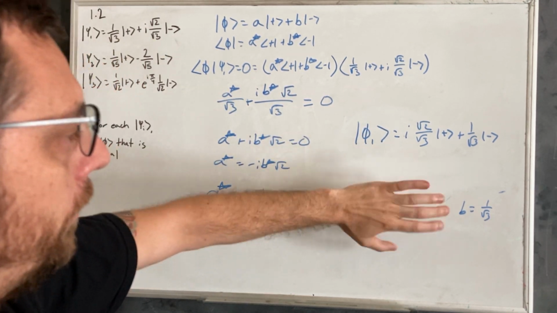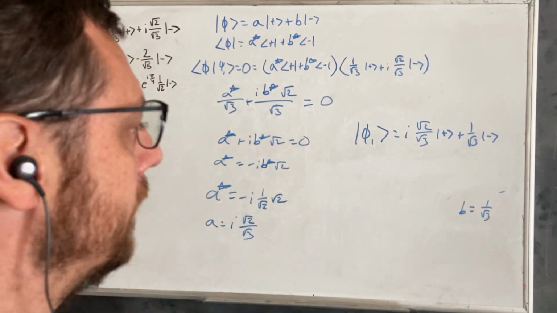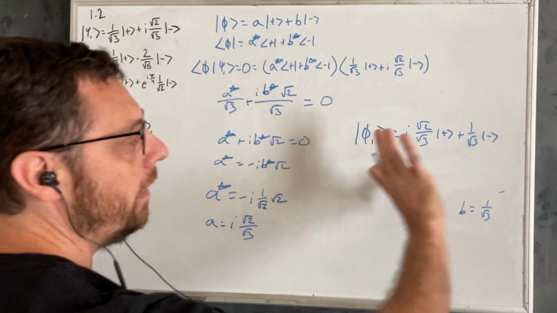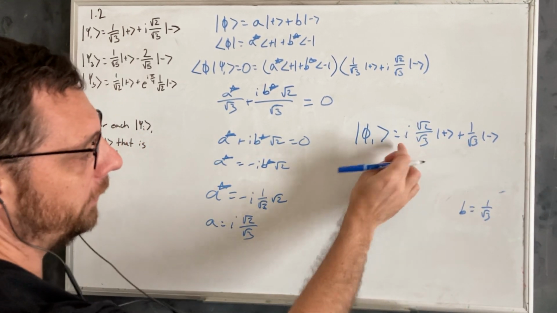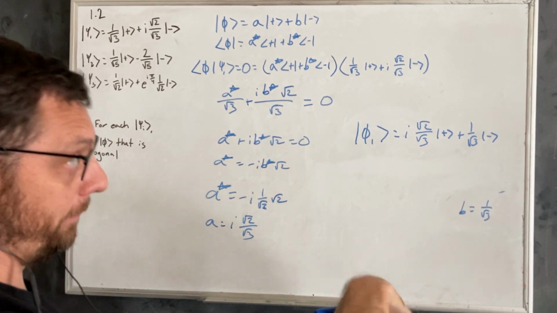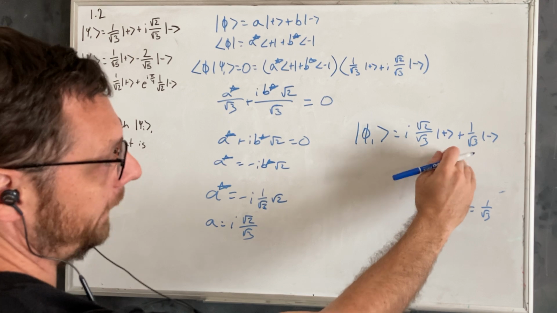It's pretty typical though to keep our first term real and positive. And we have this I here. So what we can do is just multiply both terms by a negative I. So I times negative I would be positive 1. And then multiply this term by negative I also.